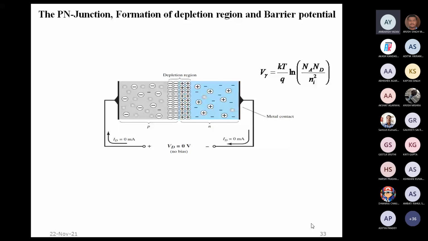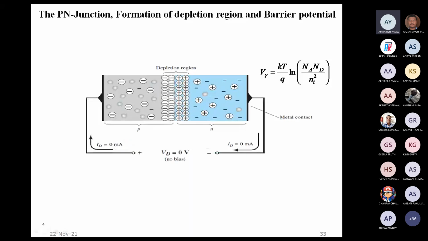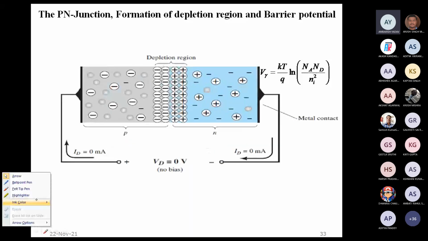After putting both materials together, we found that across the physical contact between the N and P materials, there exists a concentration gradient, and because of the concentration gradient there is a transfer of charge from one side to another side, and there become something called exposed charges on either side of the physical contact point.